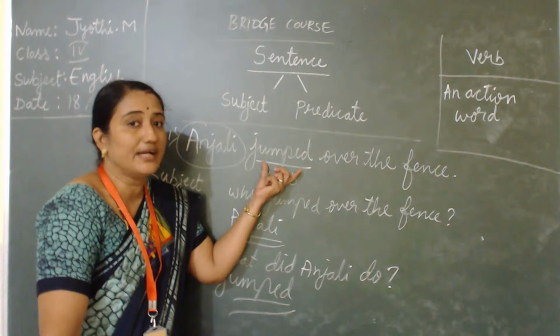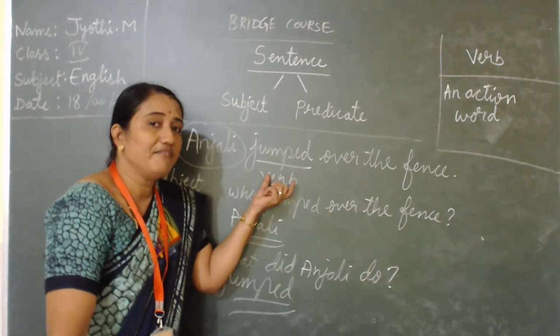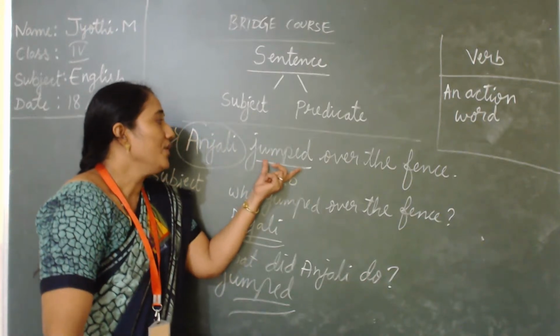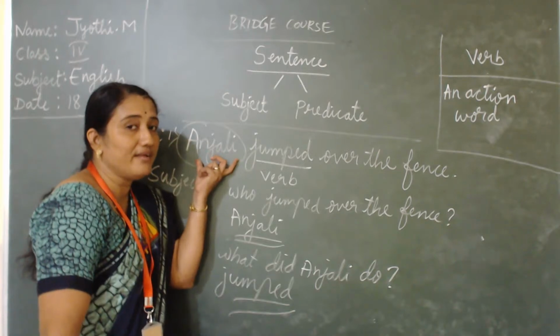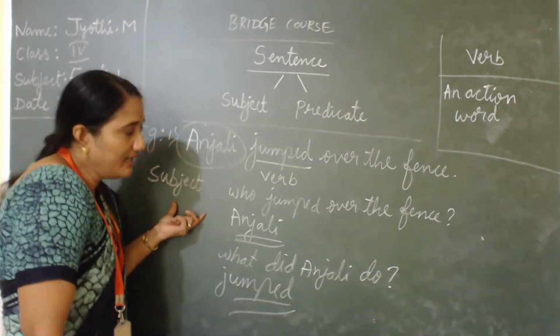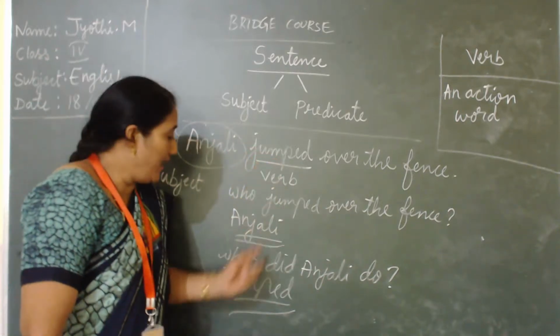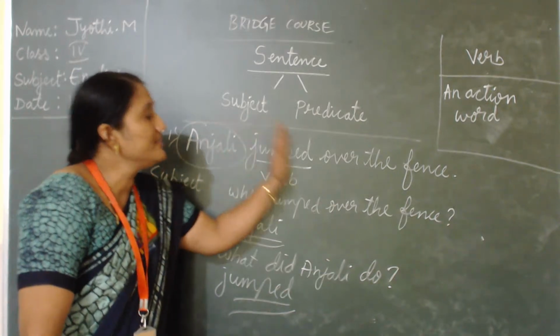A verb is an action word, I told you. Now you can ask, who is jumping? Anjali is jumping. The person who is doing the action is called the subject. And what did Anjali do? What is Anjali doing? She is jumping here.